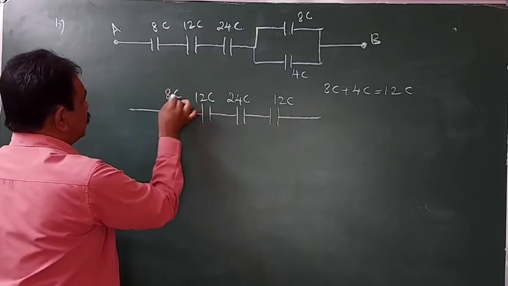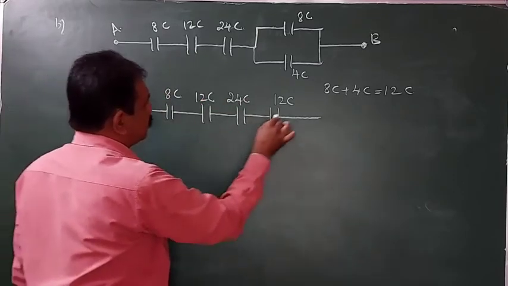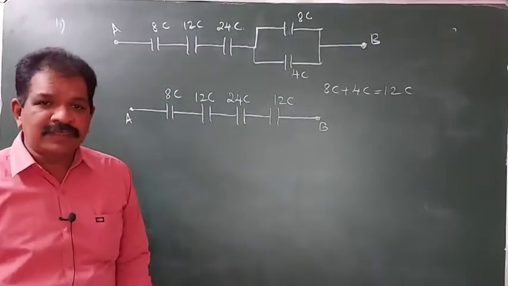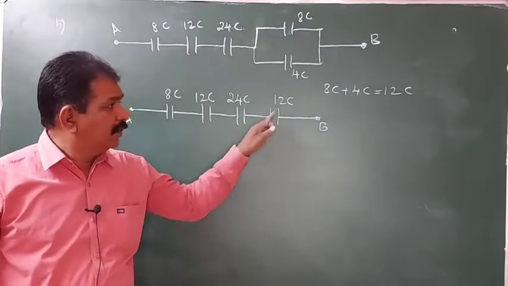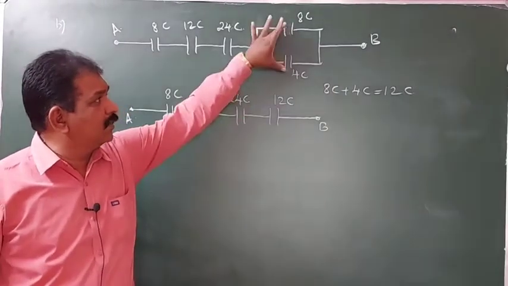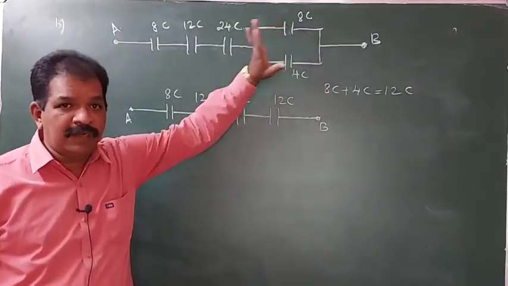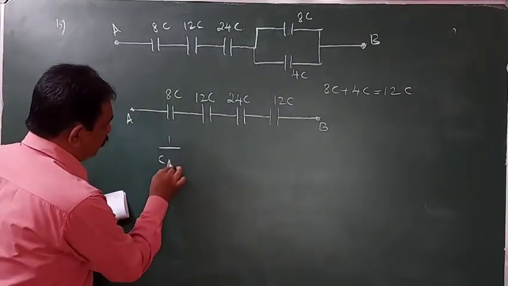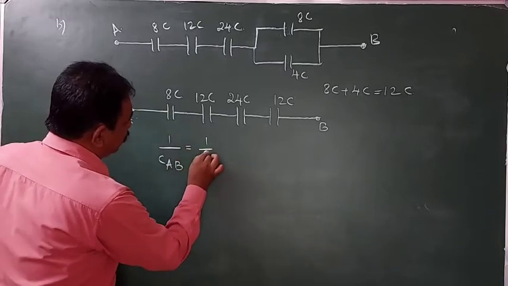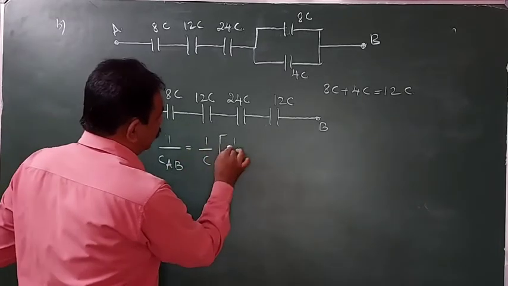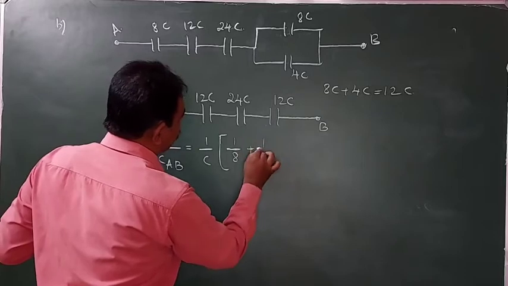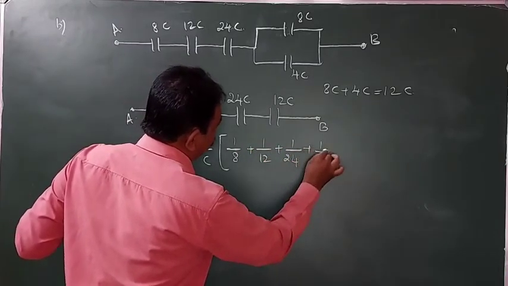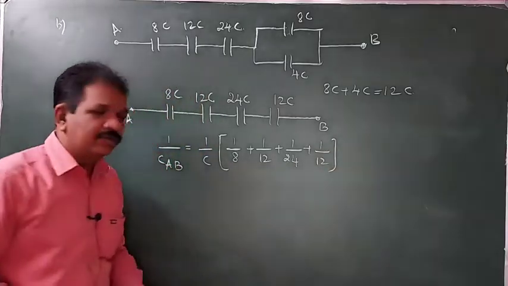This is 12C, 12C. These two are in series, so what is the effective capacity? 1 by CAB is equal to, C will be common in all of that, 1 by C1, 1 by C2, 1 by C3, 1 by C4.